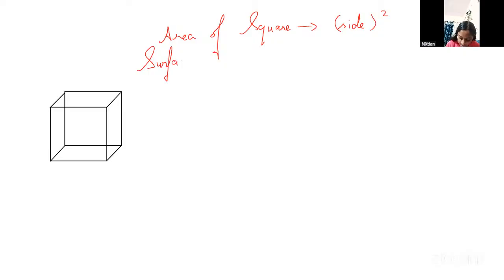Surface area of cube is 6 multiplied by the square of the side.